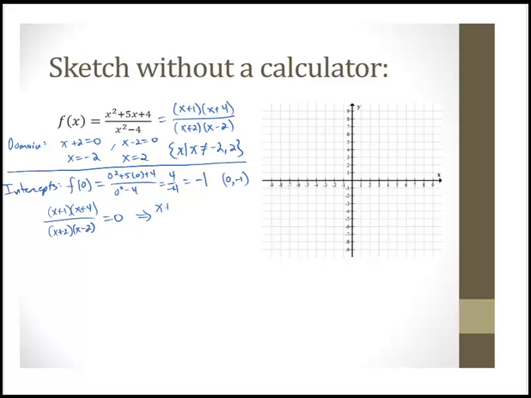So that tells me that x plus 1 times x plus 4 equals 0, which implies that x plus 1 equals 0, x equals negative 1, x plus 4 equals 0, x equals negative 4. So I have two x-intercepts at negative 1, 0 and negative 4, 0.